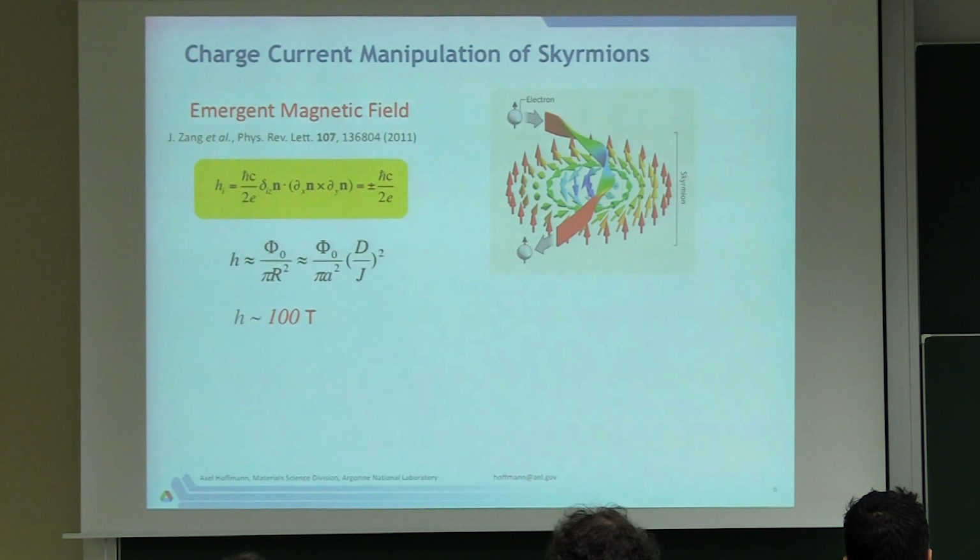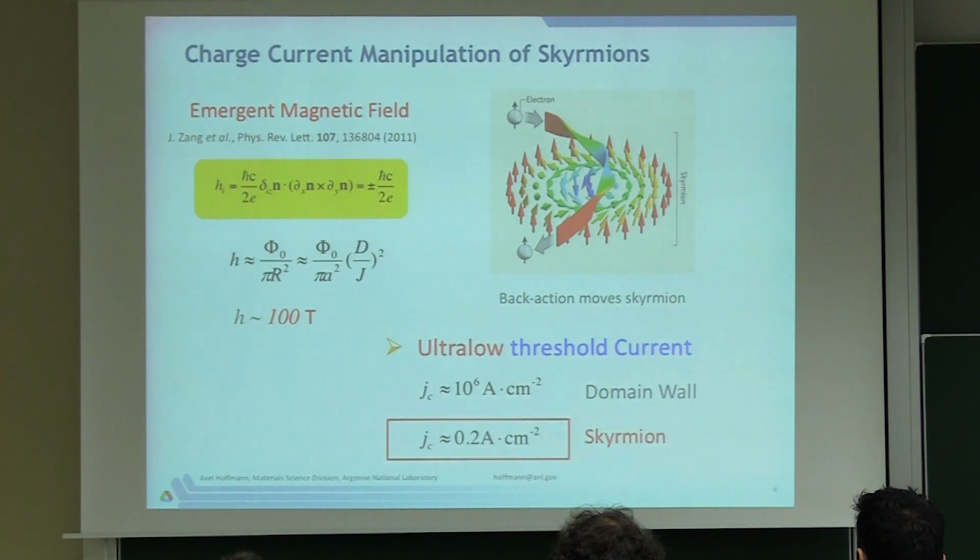And there's a physical consequence to that. One thing that happens is that in this virtual magnetic field, the electron actually gets deflected, and this is known as the topological Hall effect. But as this electron gets deflected, there's of course also a back action on the skyrmion, which can move the skyrmion.